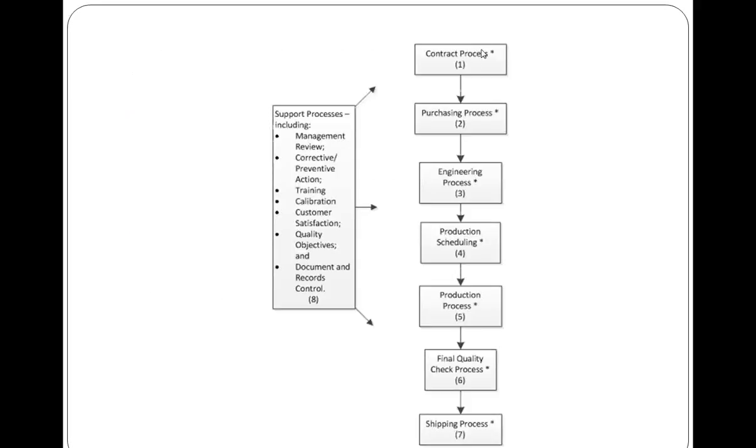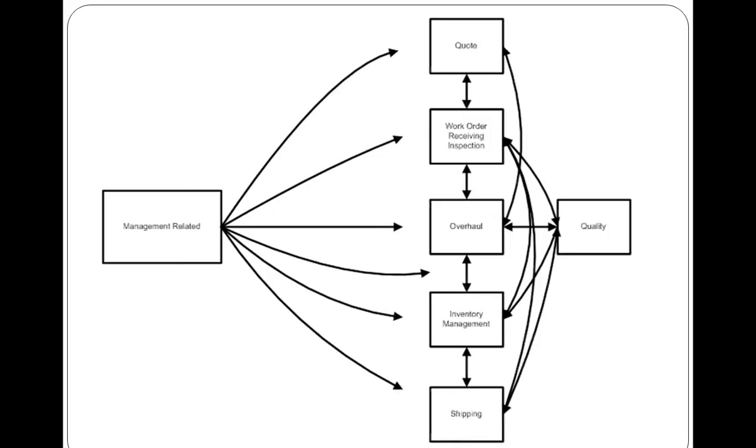Okay, so we'll begin here with this item. Now, this item has a singular flow, beginning with contracts and ending with shipping. And again, support processes kind of off to one side, but a single flow from top to bottom. This item here, a little bit busier. The idea here, of course, was intended to show the interaction.